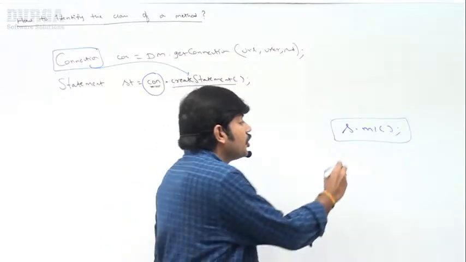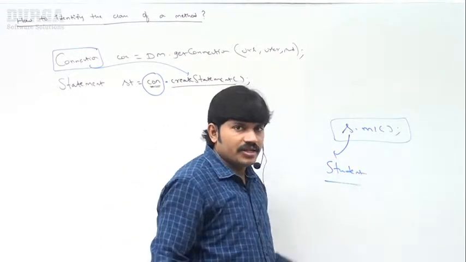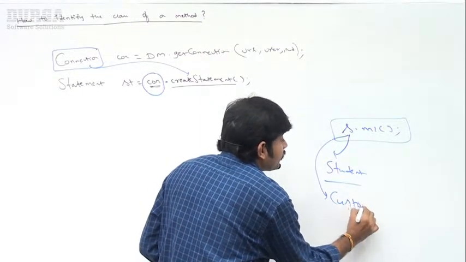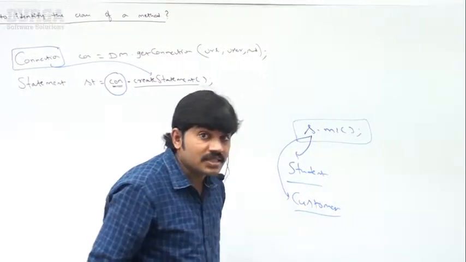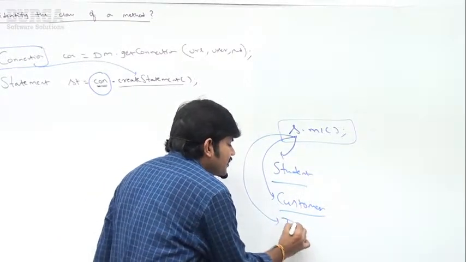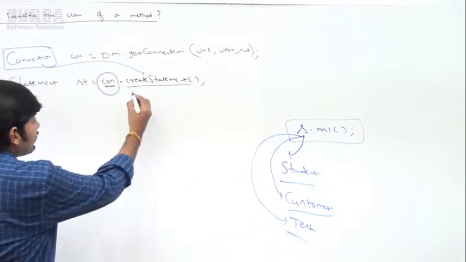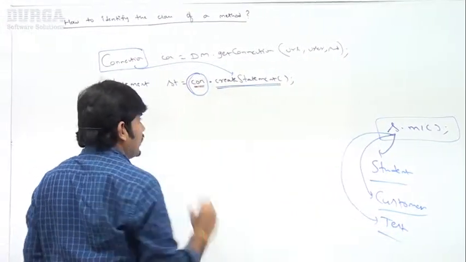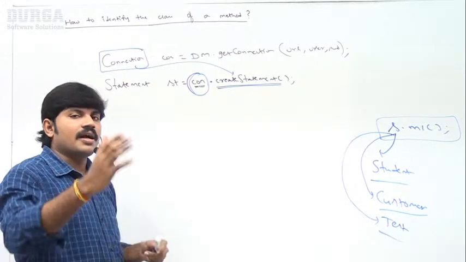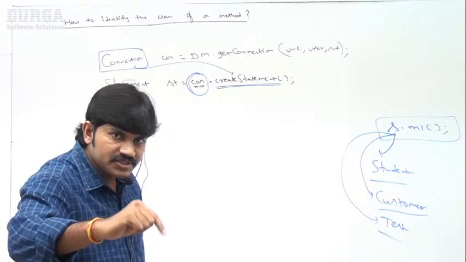If s is Student type, then the Student class m1 is coming. If s is Customer type, then the Customer class m1 is coming. If s is Test type, then the Test class m1 method is coming. Same here: you are calling createStatement on con, con is Connection type, so the Connection interface's createStatement method is executing.